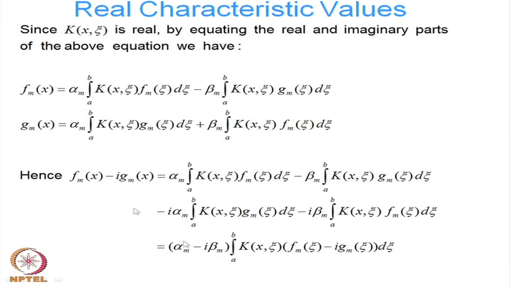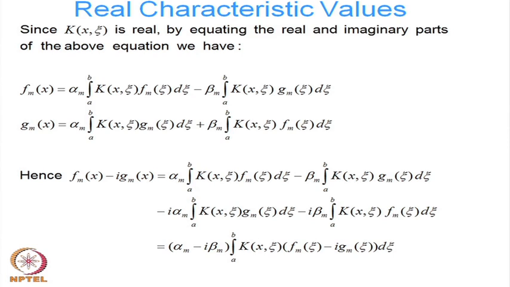If f m plus i g m is an eigenfunction corresponding to an eigenvalue alpha m plus i beta m, it means that f m minus i g m is also an eigenfunction corresponding to the eigenvalue alpha m minus i beta m.